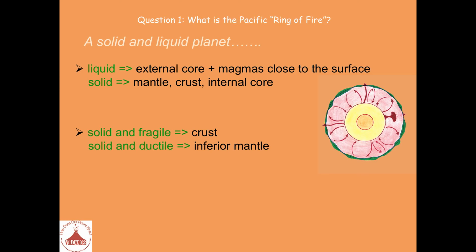Other solids are called solids which are ductile. Typical example is the inferior part of the mantle. That means under pressure, the mantle will not break, but will deform over a long period of time. We are saying that it creeps.